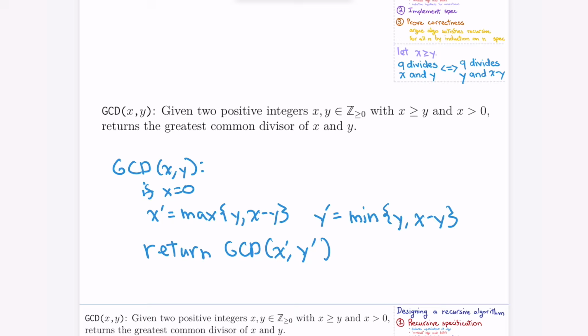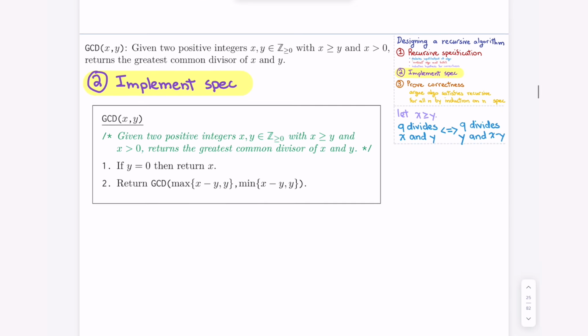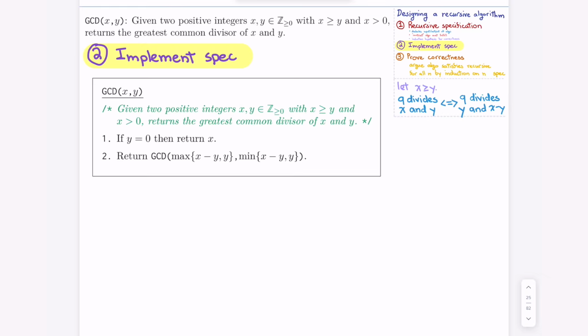Guess you return y? Something like this. Okay, let's see what I had. I did if y is equal to 0, then return x. Okay, all right, so that's a simple recursive algorithm.